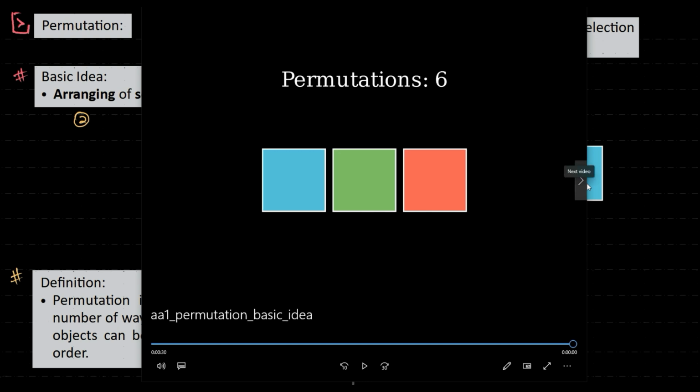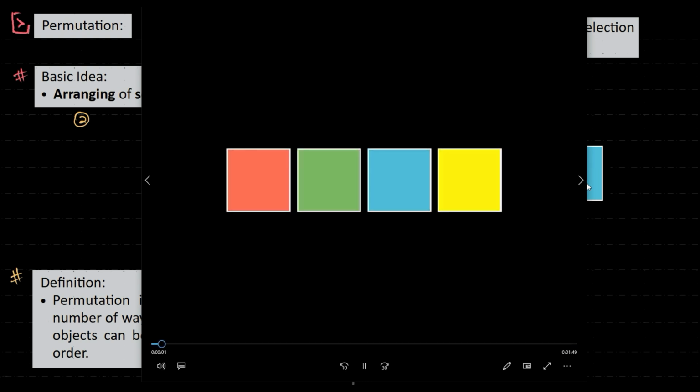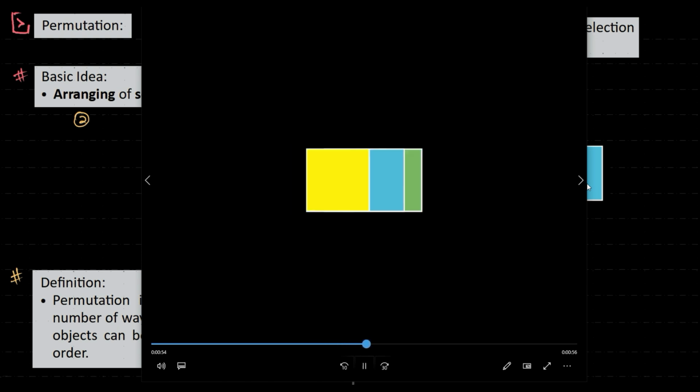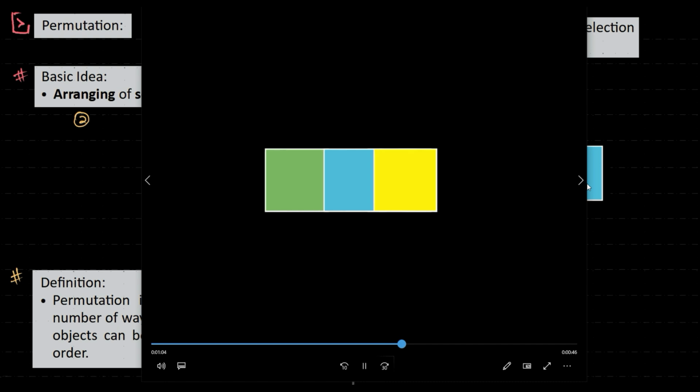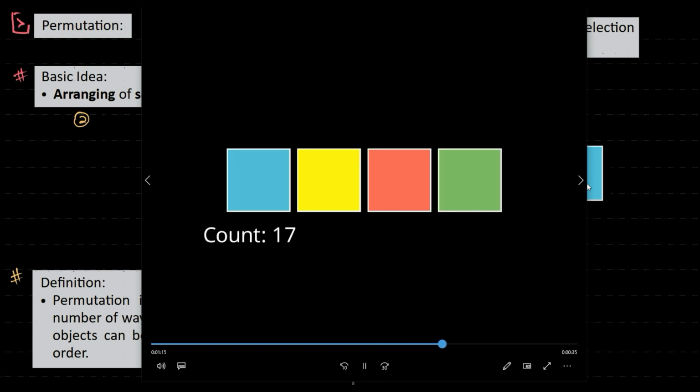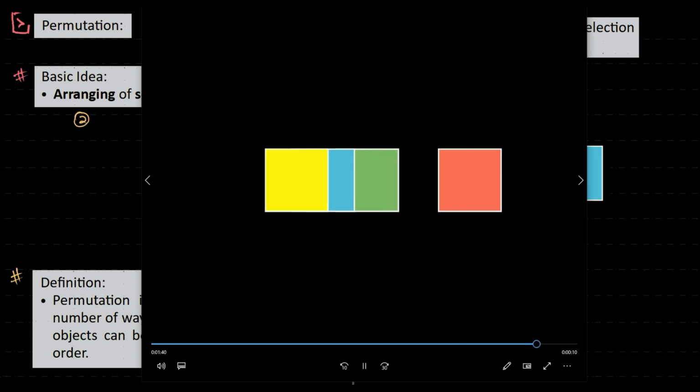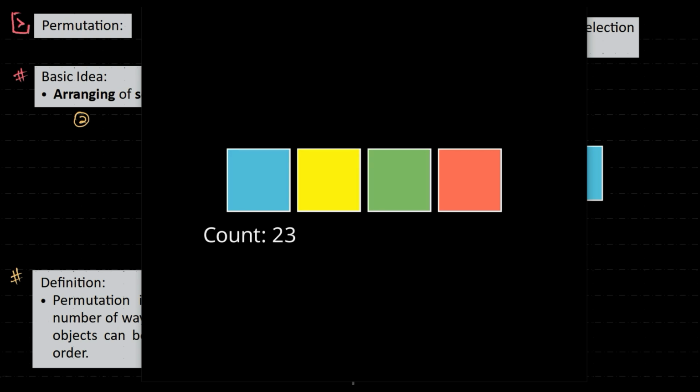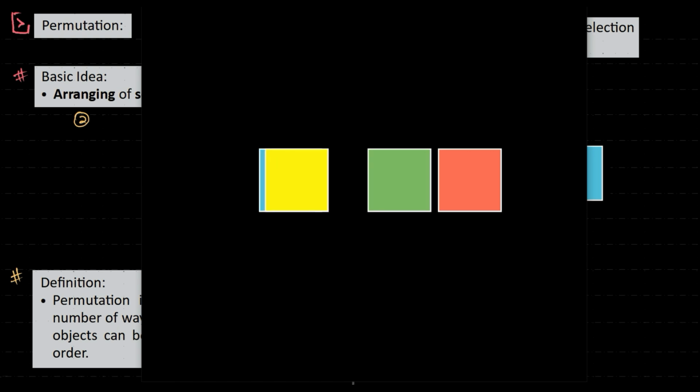What if I increase the number of cards? That's your count number 1. I'll just fast forward it. 23 and 24.